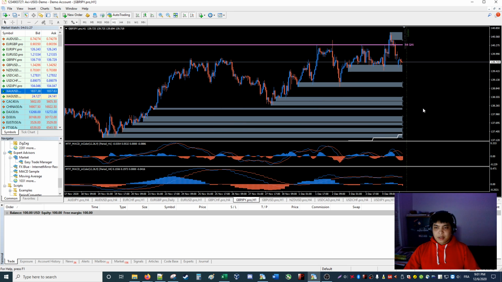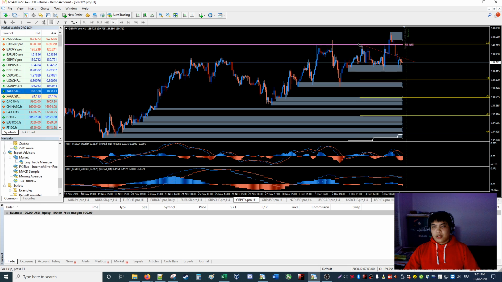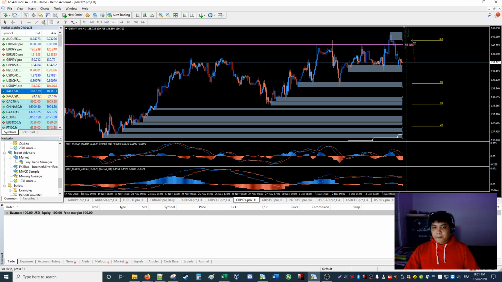So if we want to look at the risk ratio here, we should put it. Even with the high stop loss, we still have a 3-for-1 ratio.